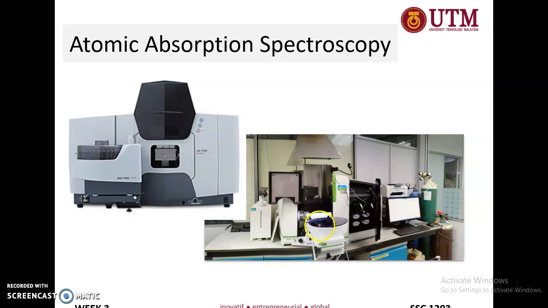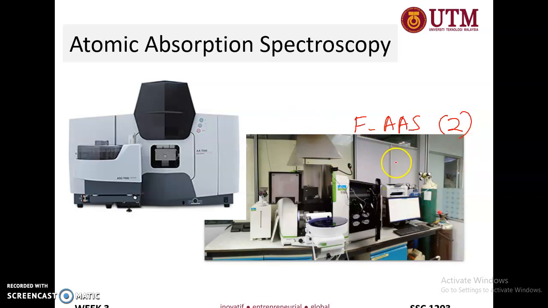So this is the instrument of atomic absorption spectroscopy. To be specific, this is flame AAS. This flame AAS is available in the Department of Chemistry. In our Department of Chemistry, we have two of them readily available to be used by PSM students, postgrads, as well as outside samples sent to UTM.